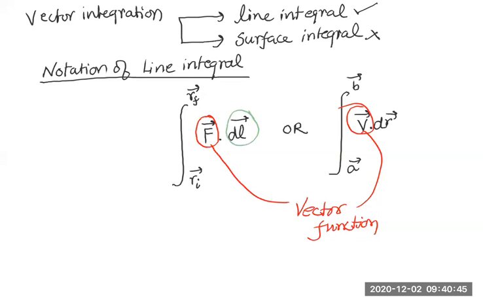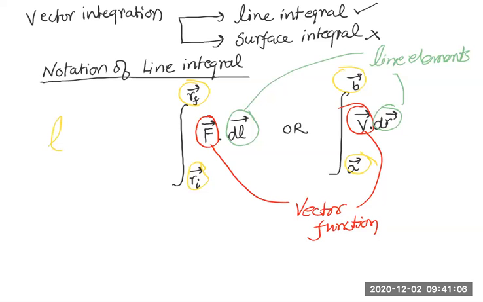These two guys are called line elements. What is a line element? I will tell you in a moment. These guys, just like before, are called the limits of integration.